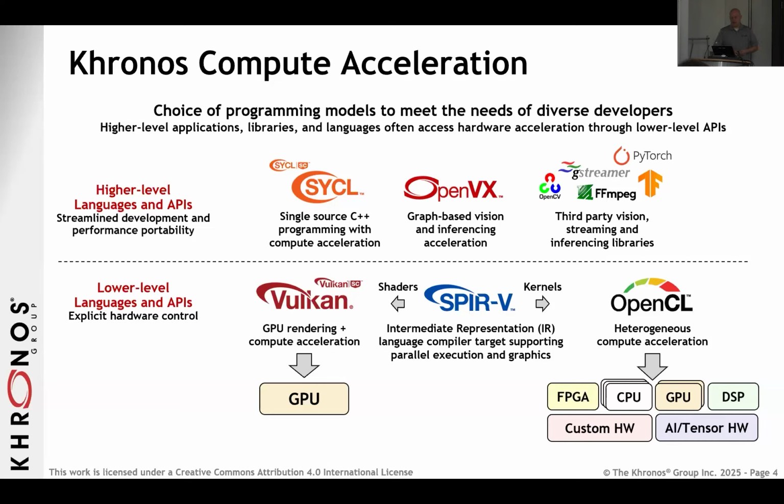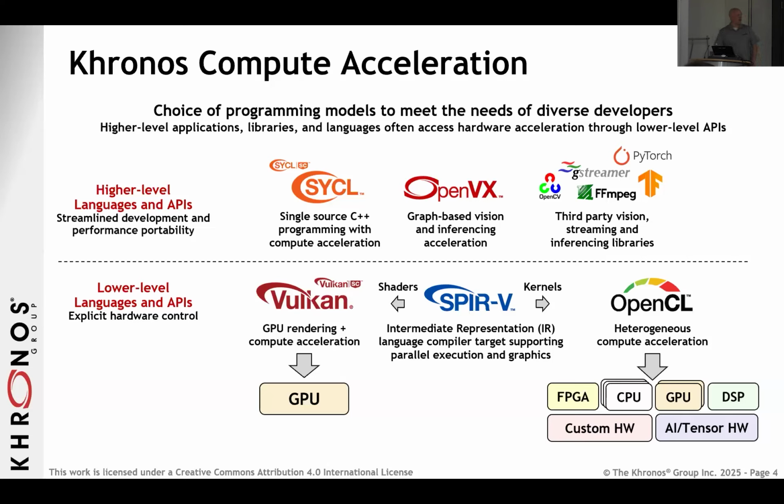If we move up a little bit, SYCL and OpenVX are higher level programming frameworks that provide higher levels of abstraction. Tom's going to tell us all about what SYCL's been up to tomorrow, I believe, so I don't need to say much about that. OpenVX is another higher level framework that Khronos supports that has a graph-based abstraction that's common for vision and inferencing acceleration. It's especially used in the embedded markets.